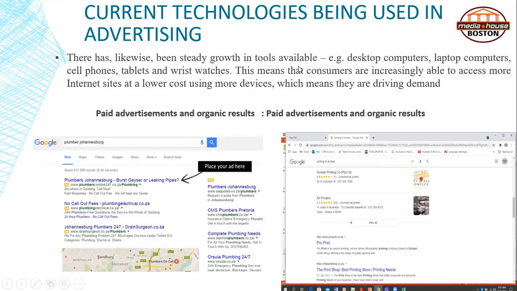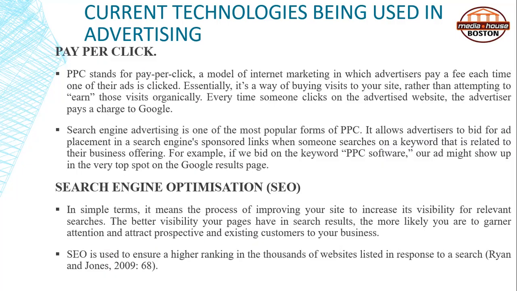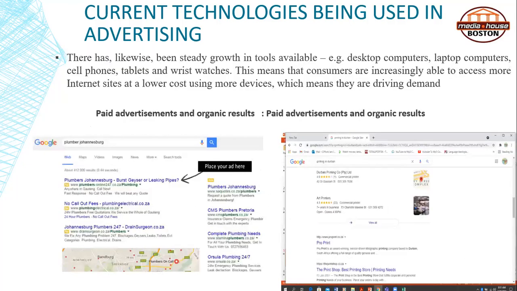So what it means here is, with pay-per-click, this is how it works. Remember, we are saying you get charged by Google if someone clicks on your advertisement. For instance, here it says Plumbers Johannesburg. This is a paid advert.